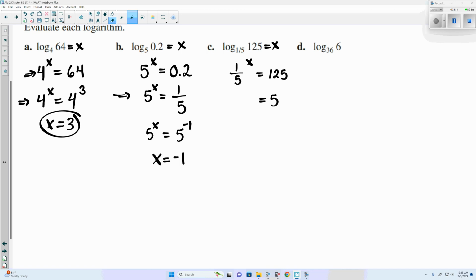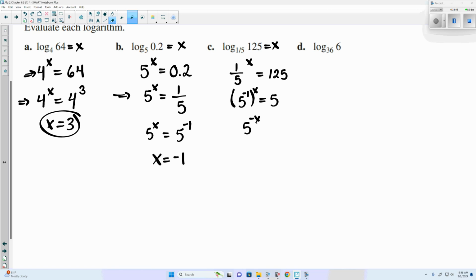I didn't pick 5 out of the blue, but we know the other one has a 5 because we have 1 over 5 to the x. Well, we can move the 5 to the top, and it'd be 5 to the -1, to the x, yes? Let's go on and simplify that out. Powers of powers do what? They multiply together, yes? So it's just 5 to the -x.